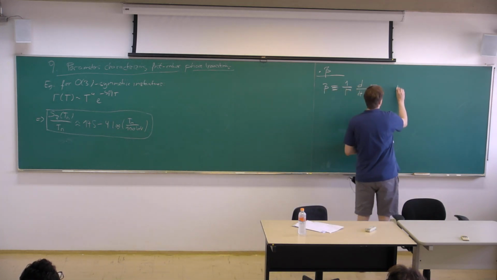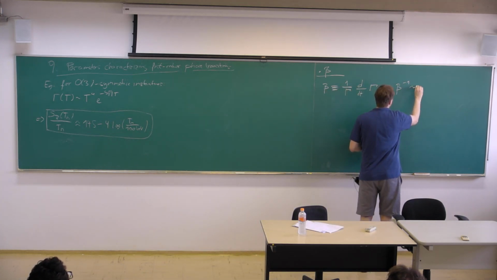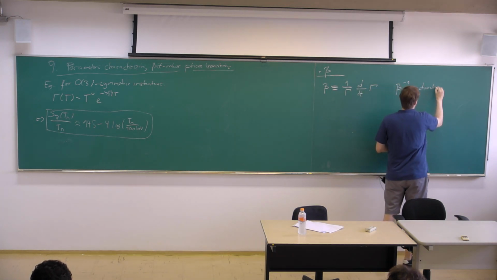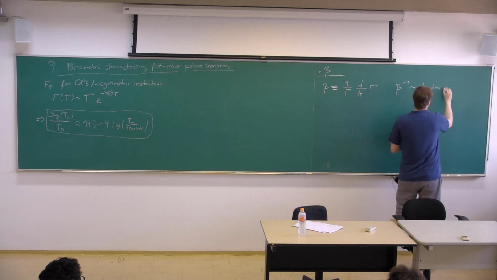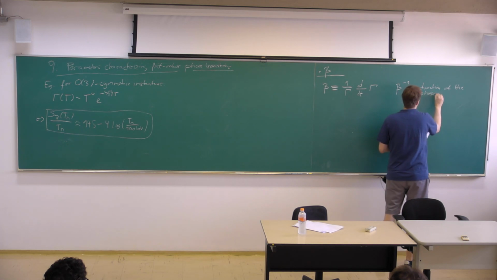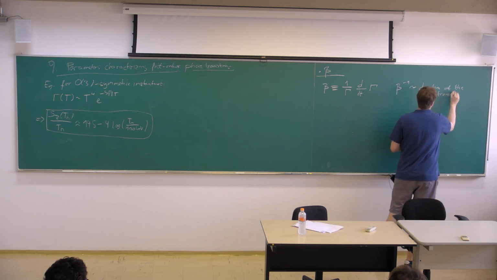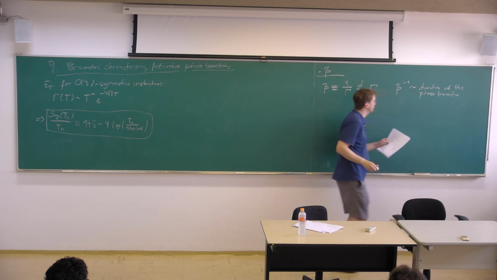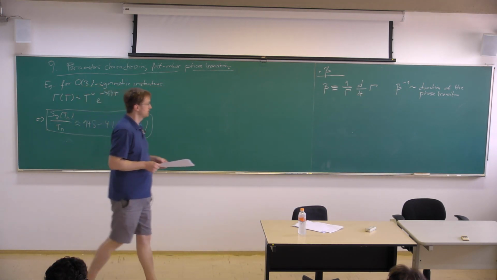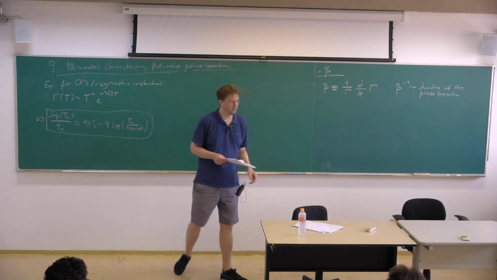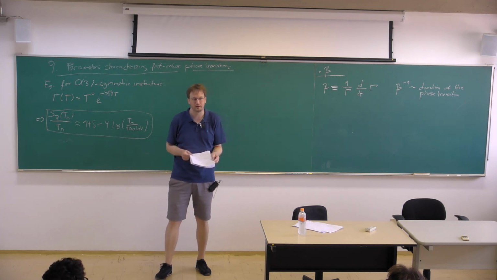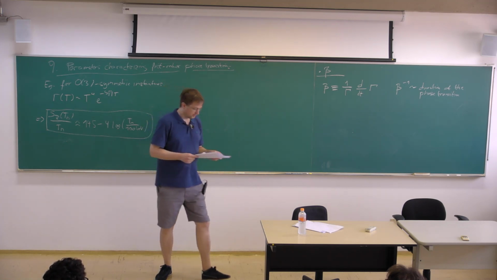So beta is a rate, so beta inverse is an estimate of the duration of the phase transition. Because once the tunneling rate is very big, essentially everything is filled by bubbles, and then the phase transition has completed.